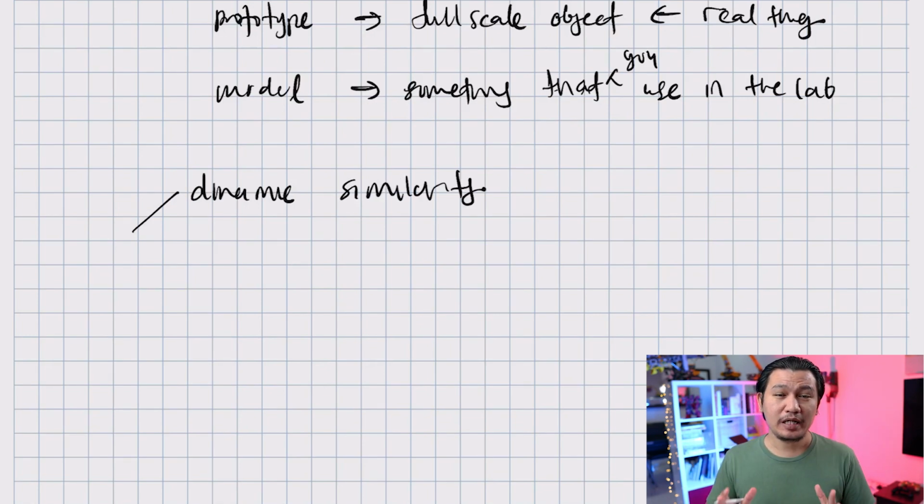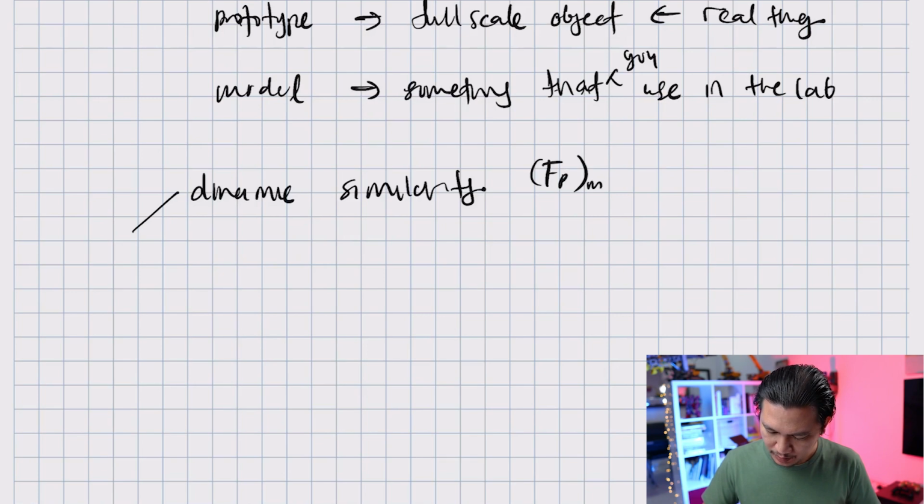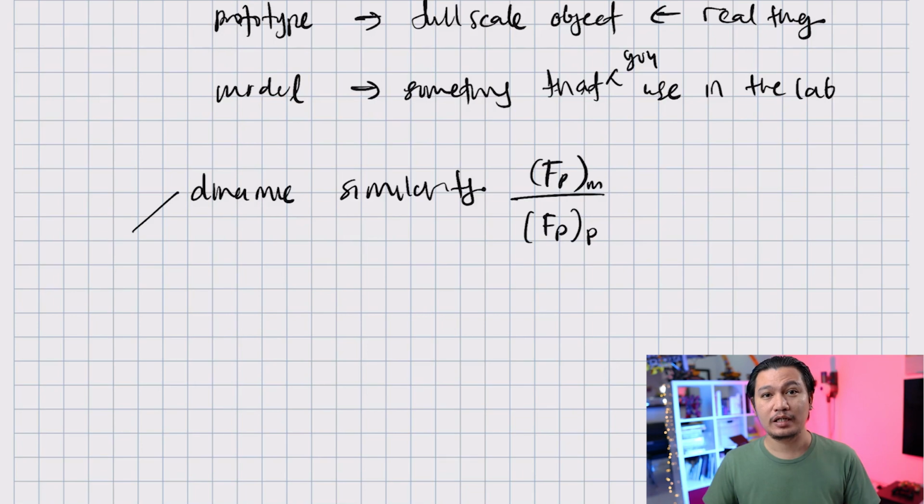The dynamic similarity requires that the force that is acting on the model has the similar ratio with the force that is acting in the actual prototype throughout the entire flow. Let's say that the model that I'm testing has pressure force. So the pressure force of the model divided by the pressure force of the prototype must equal to a constant.